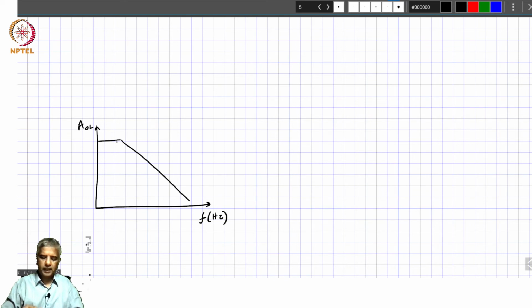This says that if you go to higher and higher frequencies, the gain you can extract from the op amp is going to be lower, and this is given by the gain bandwidth divided by whatever limiting frequency you want to apply over here.